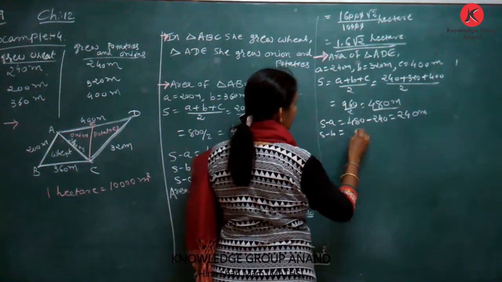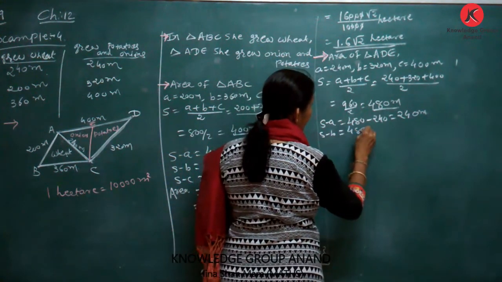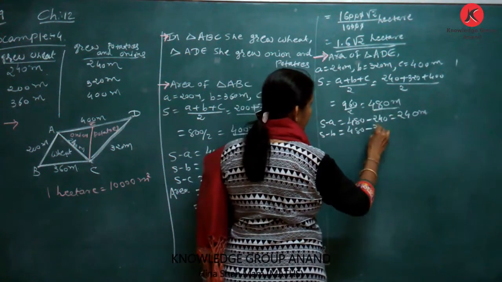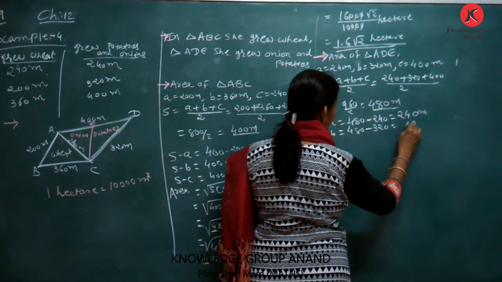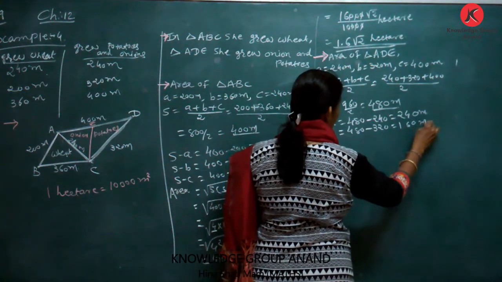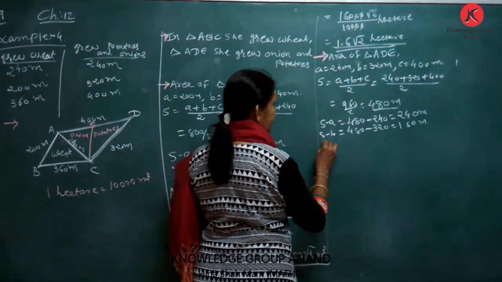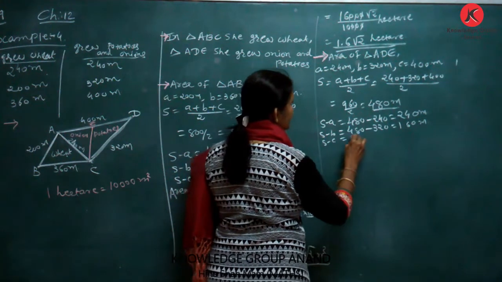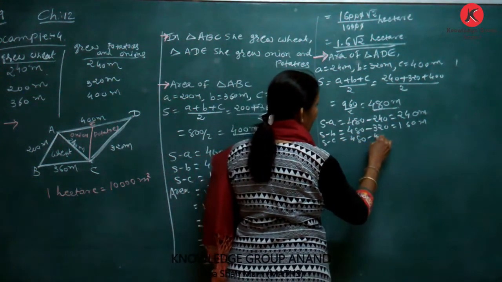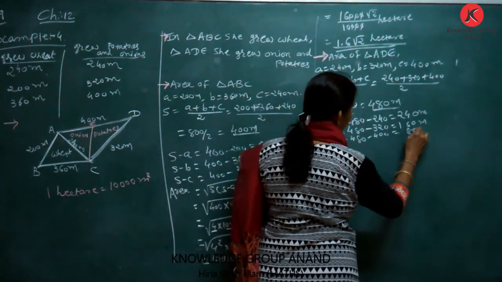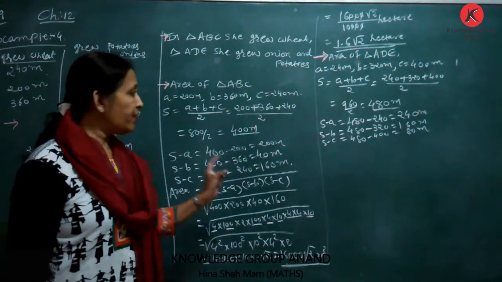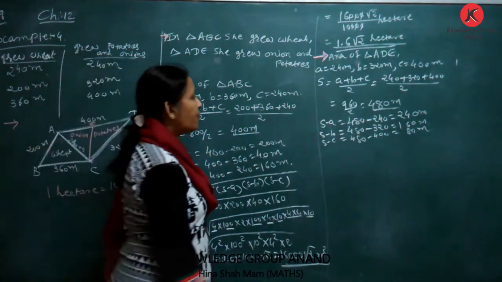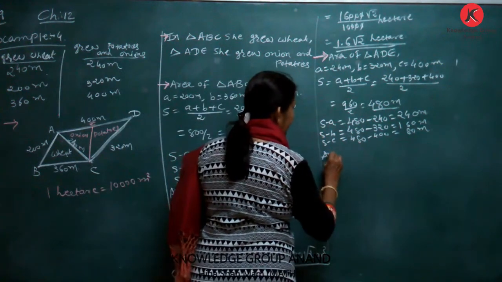S minus B is equals to 480 minus 320 equals to 160 meter. S minus C is equals to 480 minus 400 equals to 80. Now we find the area of the triangle.